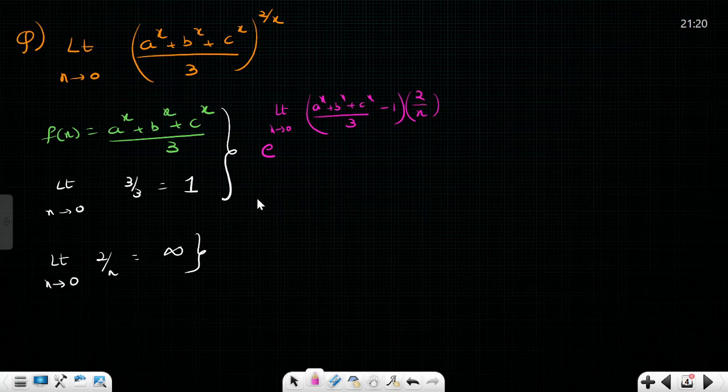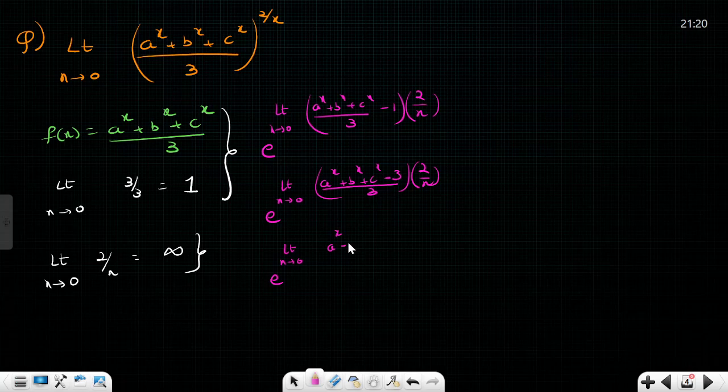Are you understanding? That is e power limit x tends to 0 of a power x plus b power x plus c power x minus 3, LCM, into 2 by x. So it's going to be e power limit x tends to 0 of a power x plus b power x plus c power x minus 3, right?